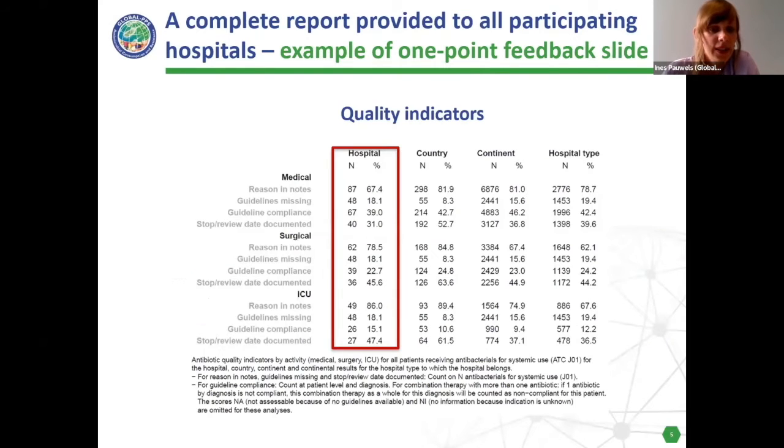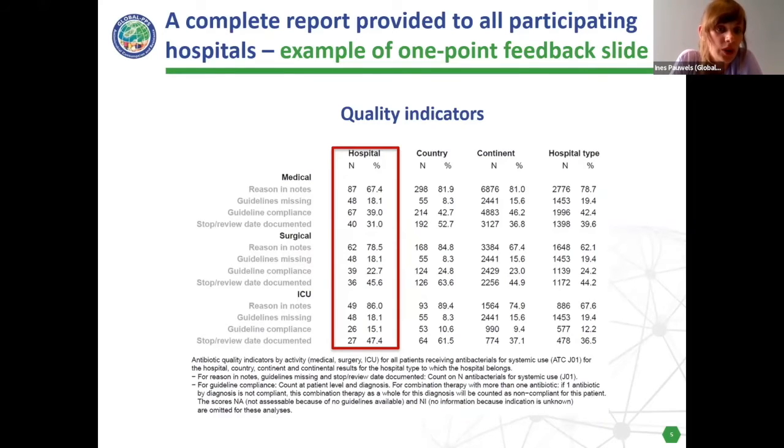Okay, so this is another example which gives you quite some information, more specifically on the quality indicators. And so again, you see the hospital results marked in red. And the quality indicators, they are reported by activity here. So we have medical wards, surgical wards, and ICU wards. And then for each activity, you have the respective quality indicators related to antibiotic prescribing.